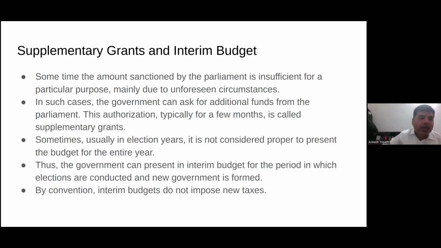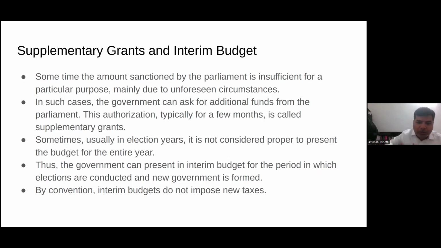Okay, and then there are certain situations where the government cannot present a budget for the entire year. What are those situations? Okay, so one situation could be an election year. Now, for this particular year, there will be two governments.